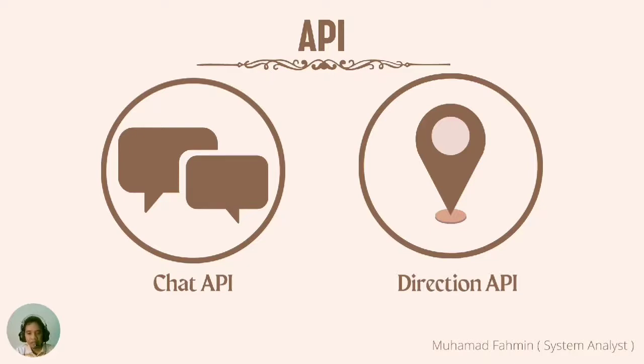A chat API differs from a messaging API in that a chat API usually provides live instant messaging only, whereas a messaging API may encompass instant messaging in addition to traditional messaging such as SMS and MMS. The second API is Direction API. Direction API is a geolocation service that software developers can use to plot roads between places on a map.